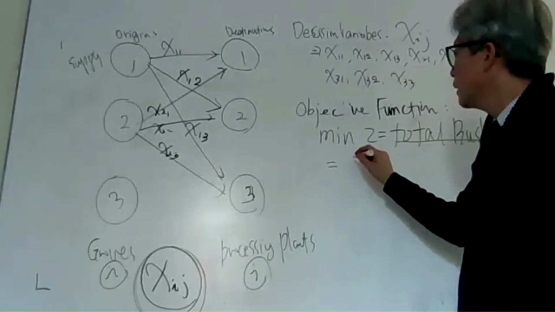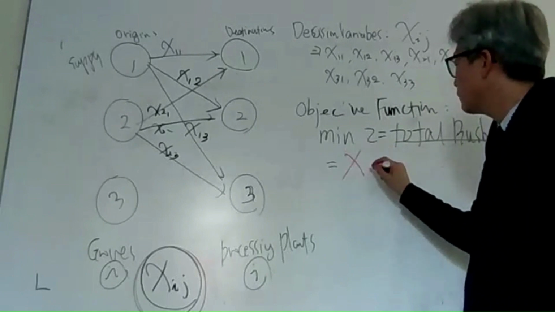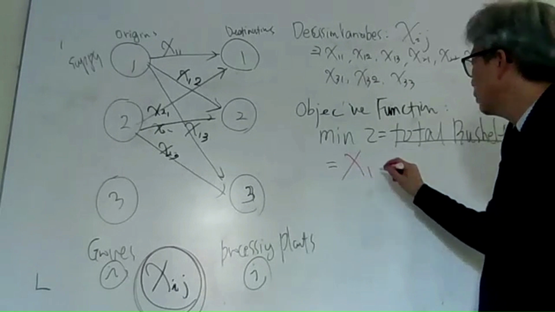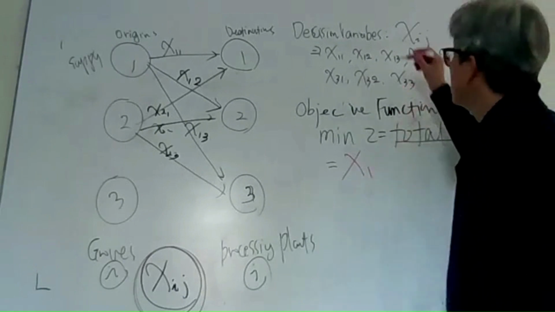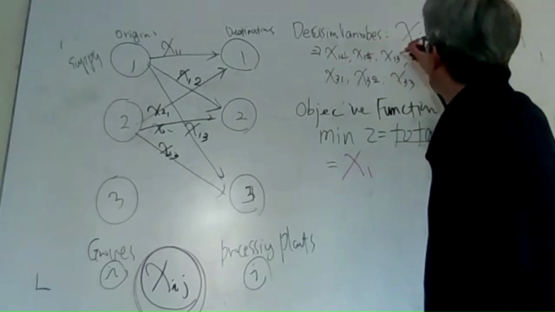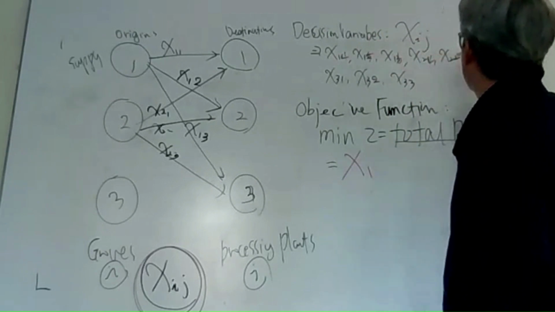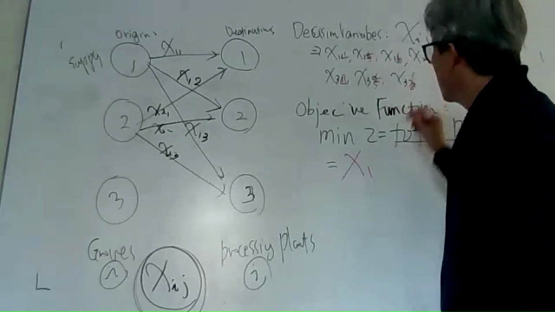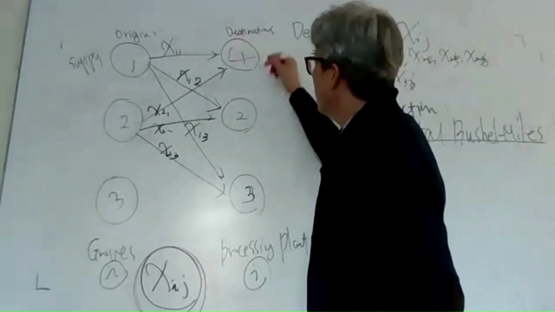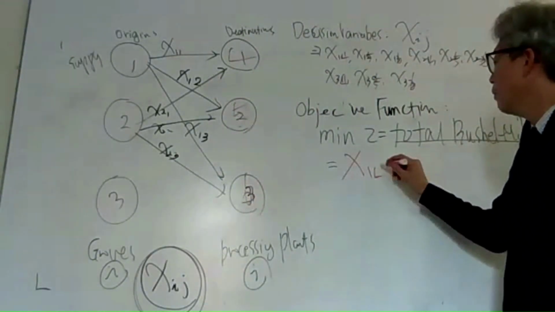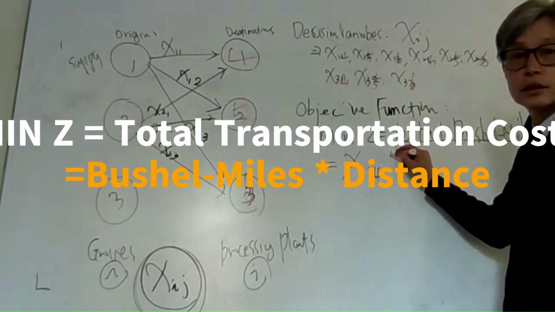So if we have a number of bushels from Mount Dora to plant 4, 5, 6, and the distance is 21 for 1 to 4.